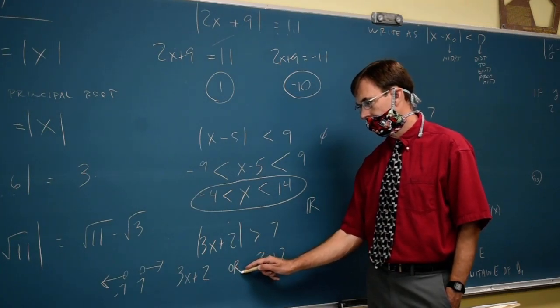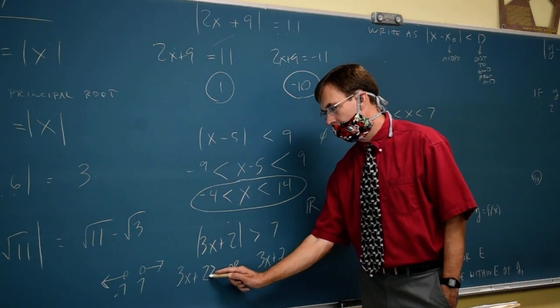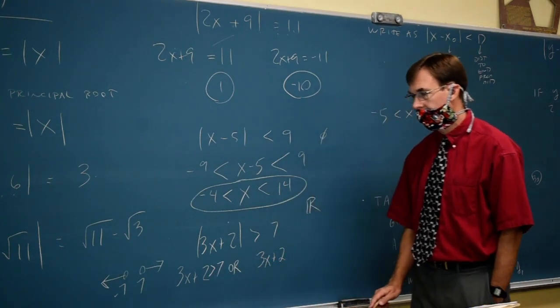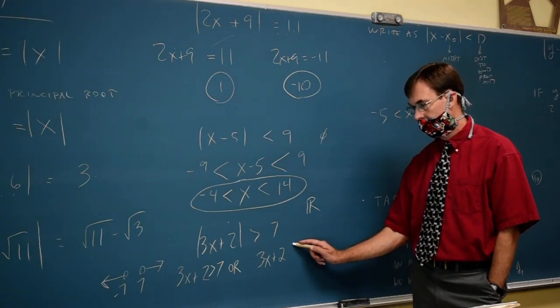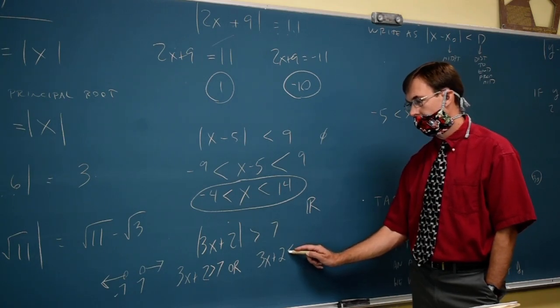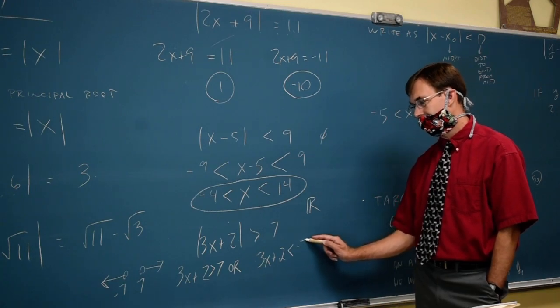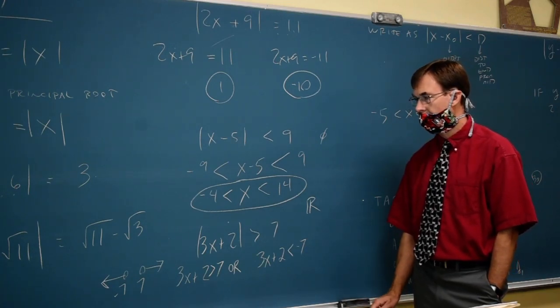Or. So on one side, we could be more than the regular 7. But on the other side, we could also be less than the negative version of the 7.